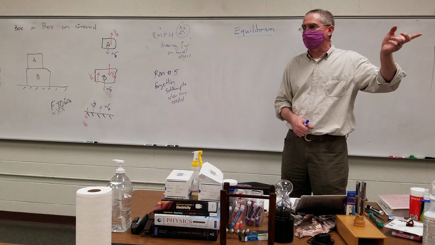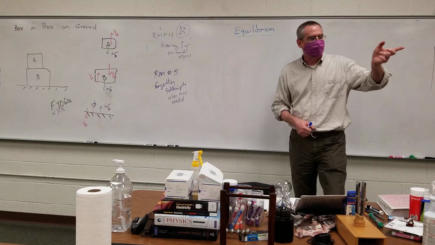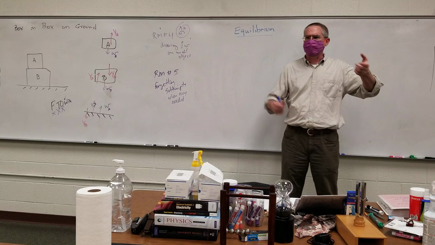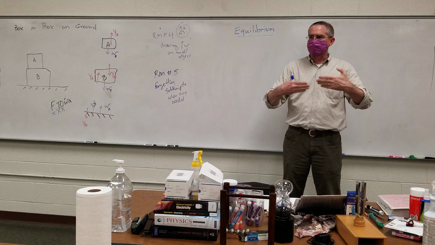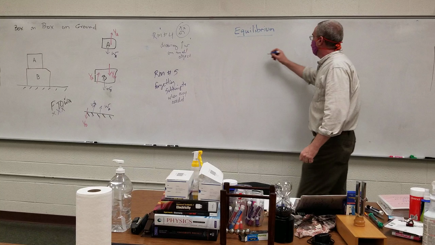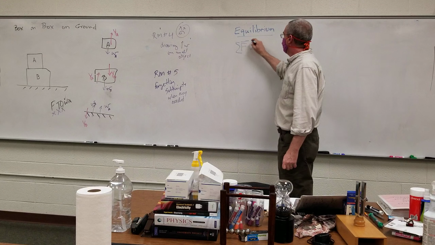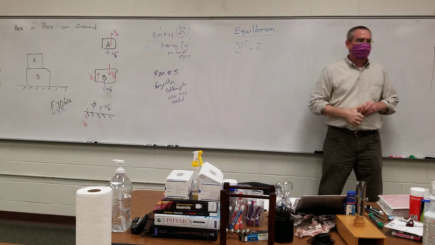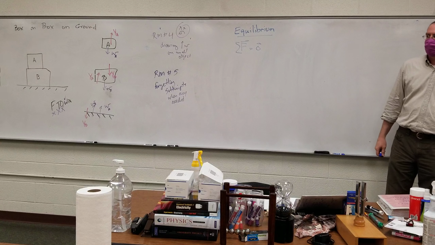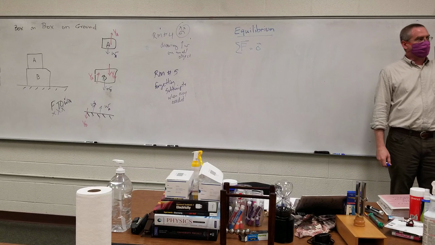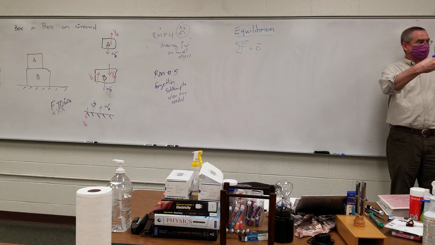Now earlier Nathan talked about them balancing each other out, and he did the hand gesture. Equilibrium, total force equals 0. Or the magnitude of forces that are opposing each other are equal.